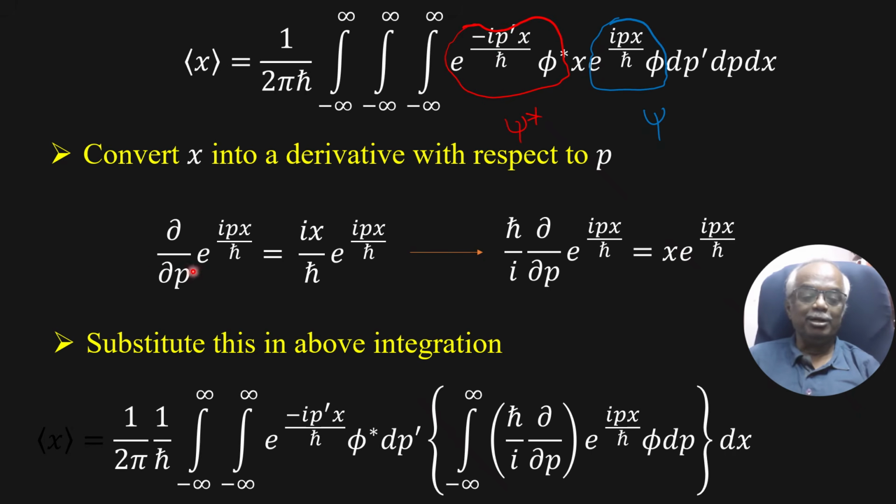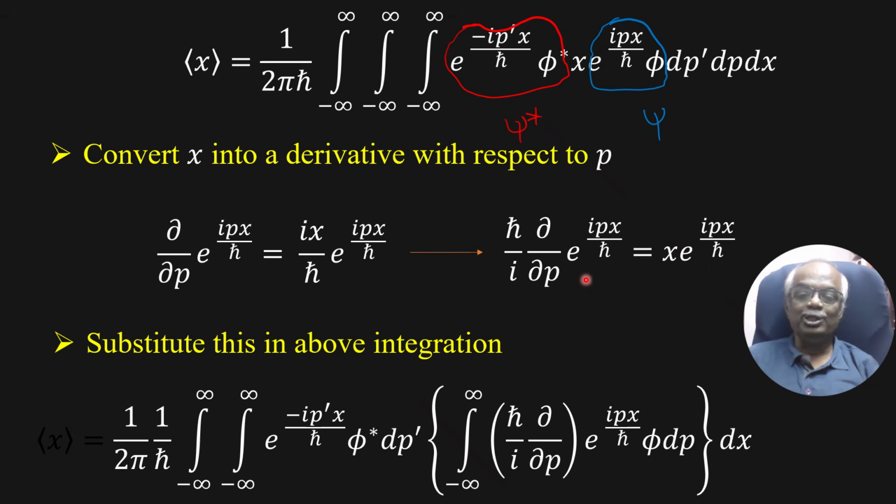So ∂/∂p of e^(ipx/h cross), remembering that we are differentiating with respect to p, gives ix/h cross times e^(ipx/h cross). Now bring this i over h cross to the other side, so it becomes h cross over i on the left side, then the usual ∂/∂p, then this exponential term. On the right side you have only the x and this exponential term.